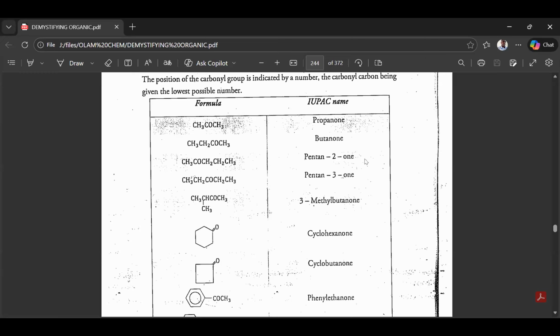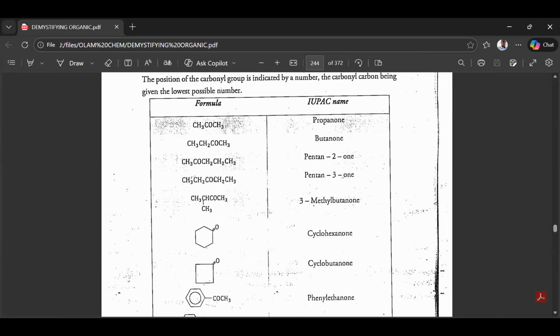Why are we not calling it pentanone? Is there anyone who can give me the reason there? Why do you think this one we are calling it pentane-3-one?